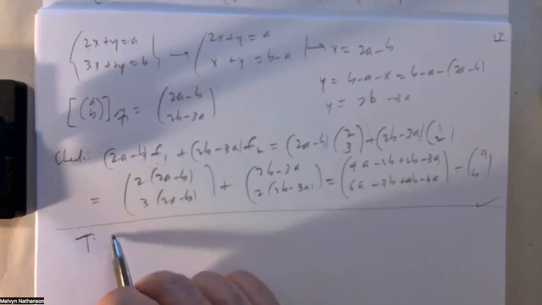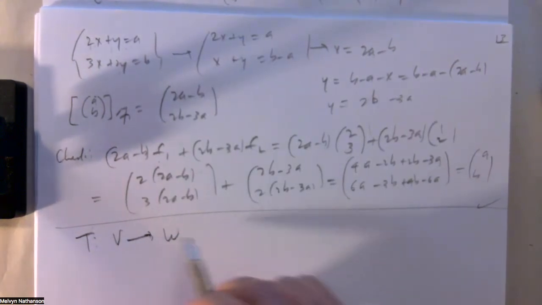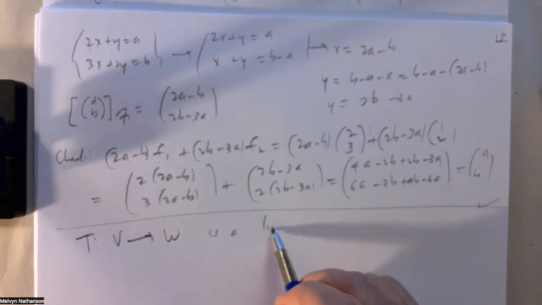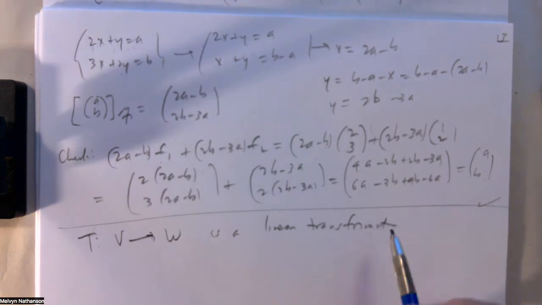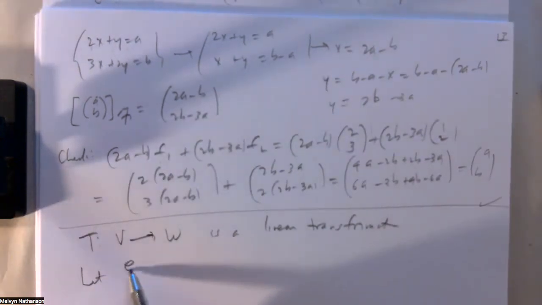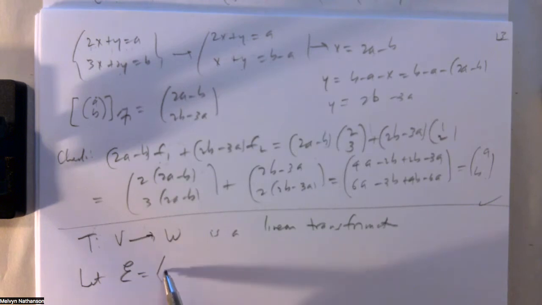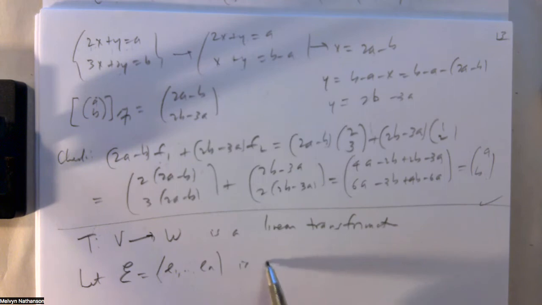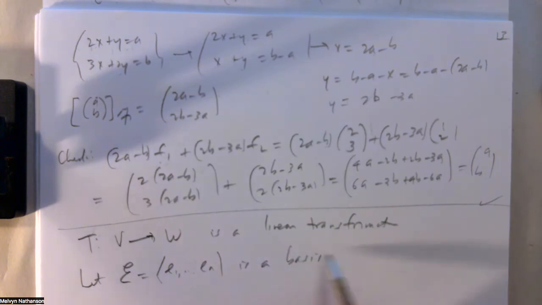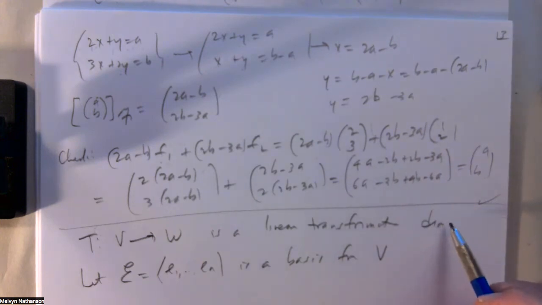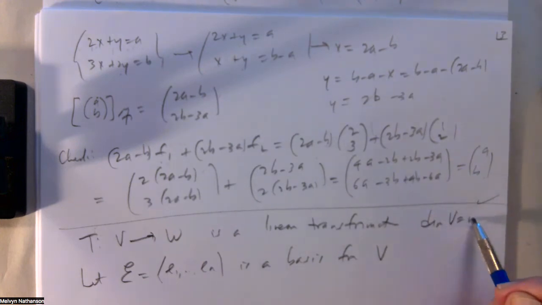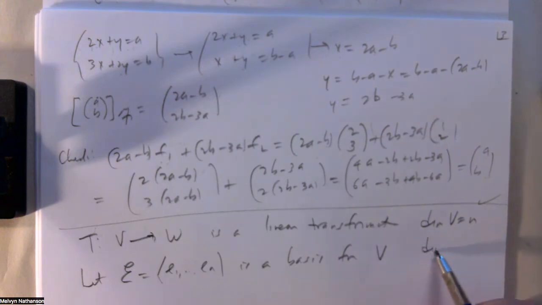So suppose T from V to W is a linear transformation. So suppose that E, which is a sequence of vectors E1 up to En, is a basis for V. Let's say the dimension of V is equal to n, and the dimension of W is equal to m.